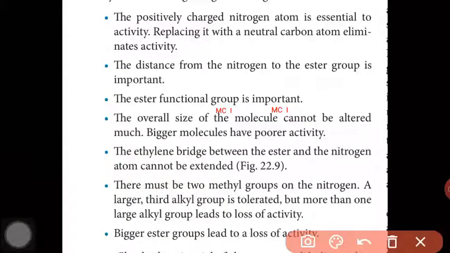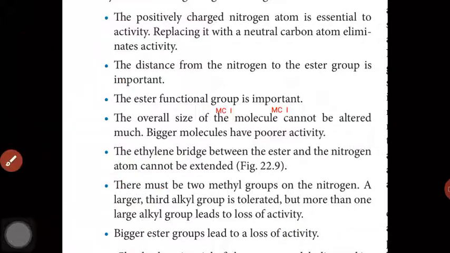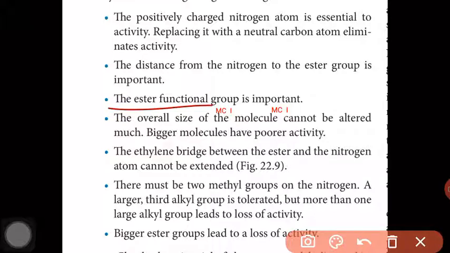Now, let us see the stereochemistry we have seen. Now, what is important for binding of ACh with receptors? So, here the ester group is important, the distance between nitrogen and ester group should be correct, and positively charged nitrogen is important, and if a neutral carbon atom is present, no activity.